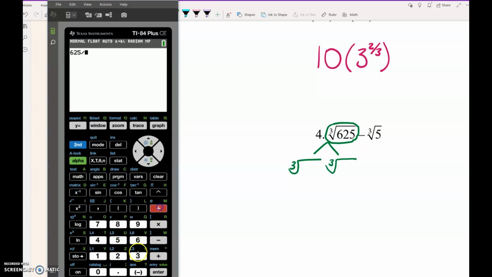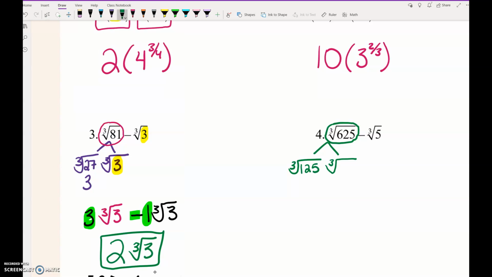So I try 625 divided by 343, decimal. 625 divided by the next one, 216, decimal. 625 divided by the next one, 125, and that one works. Now, you're probably thinking, well, come on, it ended in a 5, so it has to be 125. Well, yes, that is a good hint to pick up on, but in case your brain doesn't work that way, it's totally fine. And one more time, this 5 should be the same as whatever the other radical is, so that can be a hint to help you break this up.